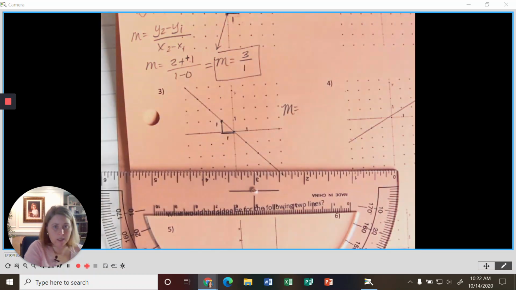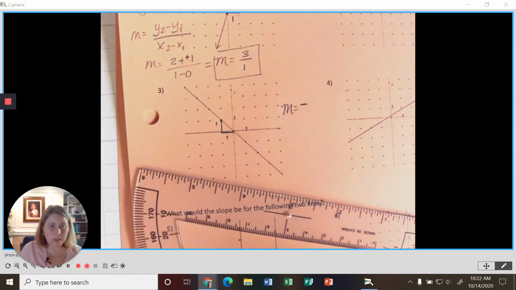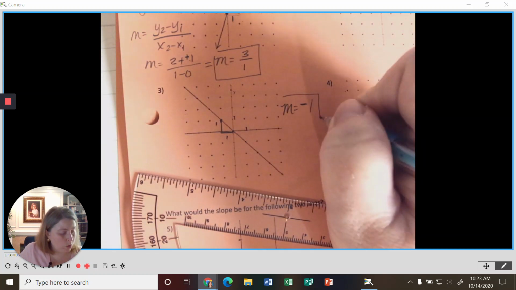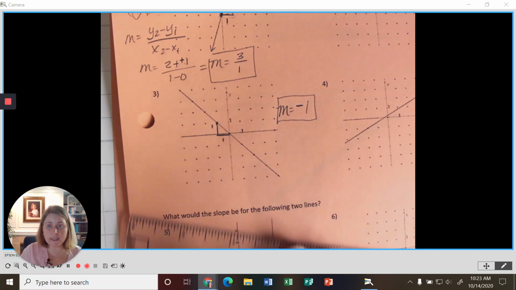It is decreasing as we read from left to right. So our slope is negative because it's decreasing as we move left to right. And then 1 over 1, which will simplify to 1. So our slope is negative 1. If I had chosen different points, that would still work out correctly because it'll simplify down to negative 1.